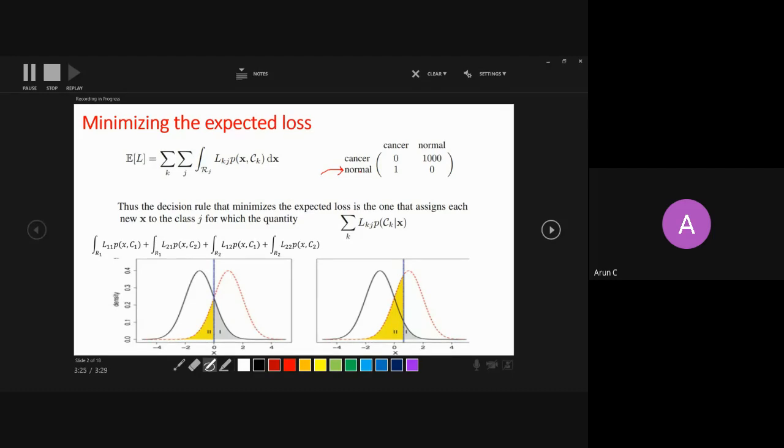If the test also says normal, then there is no cost involved; we are happy. But if a normal person goes and the test says that he is suffering from cancer, then that is not good, so we put some cost on it. We are penalizing it.